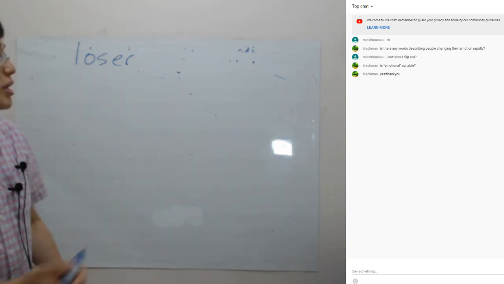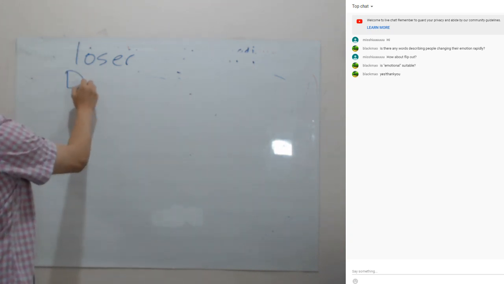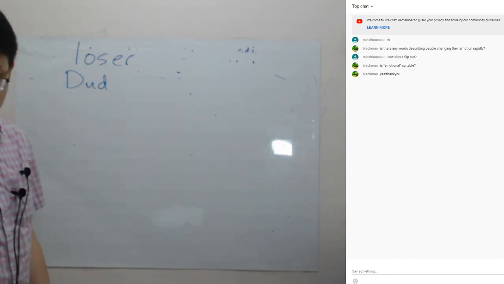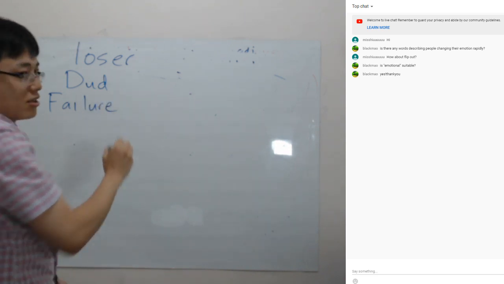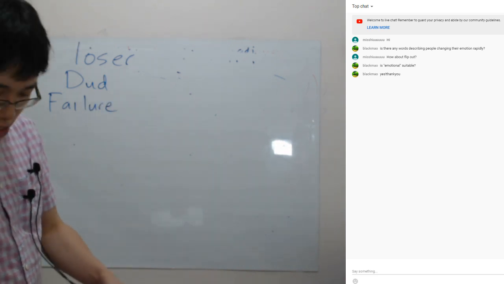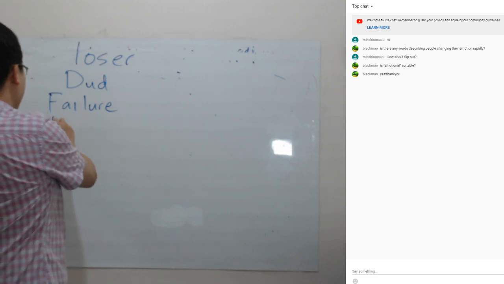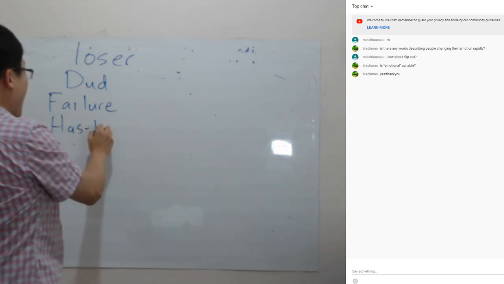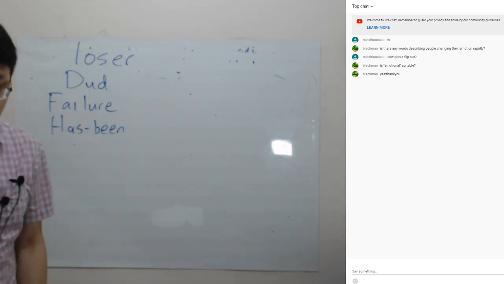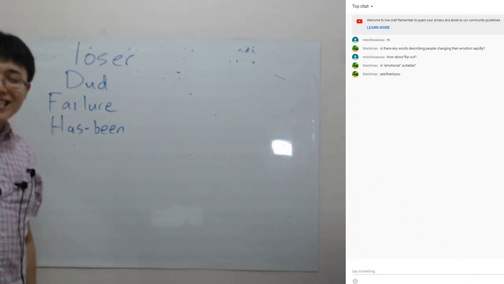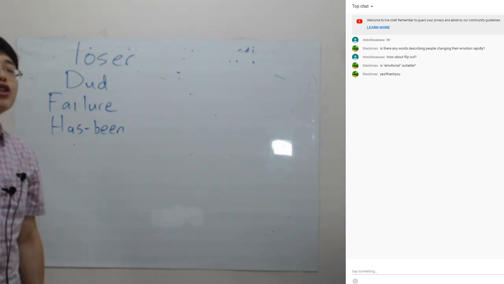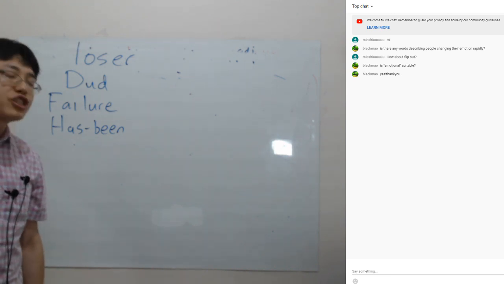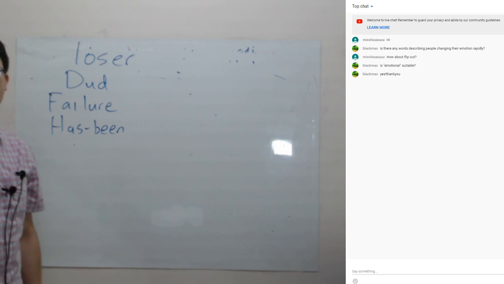There are a million words that mean the same thing, so you can call them a dud. Failure. This word is a very good one. Has-been. So a has-been specifically means someone who used to matter, someone who used to be important or who used to be successful but is no longer.